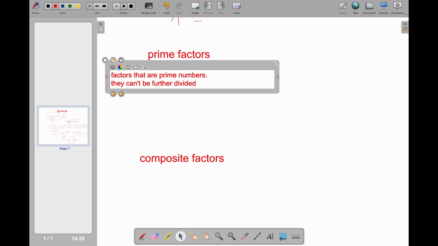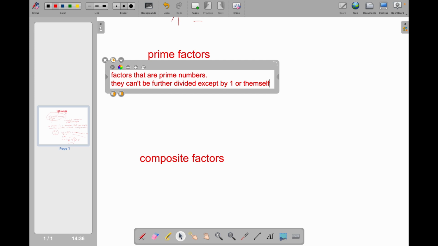They cannot be further divided except by one or themselves. Okay, besides one and themselves.